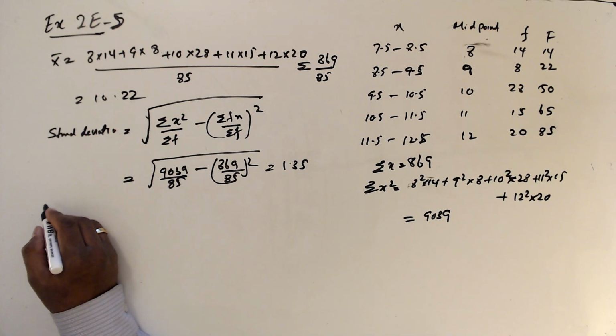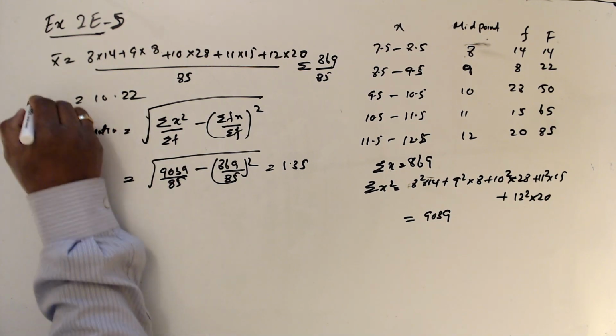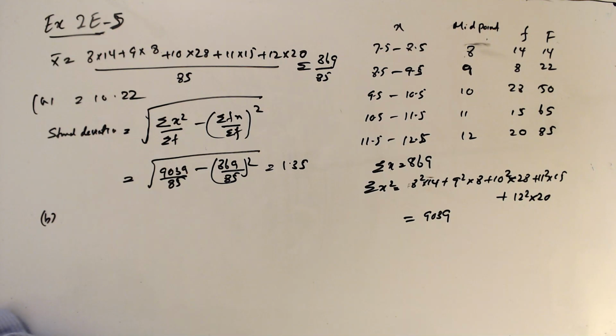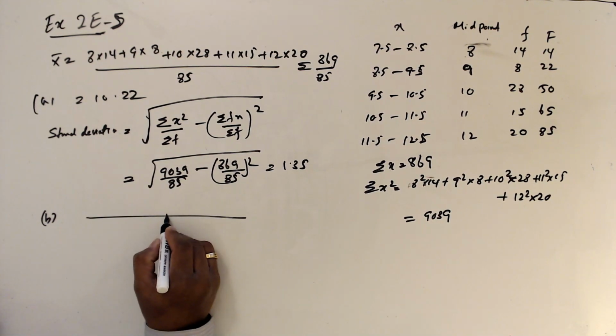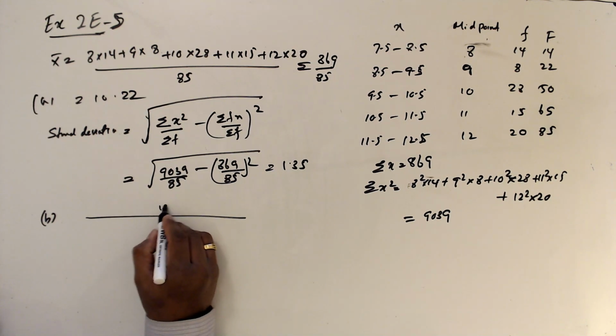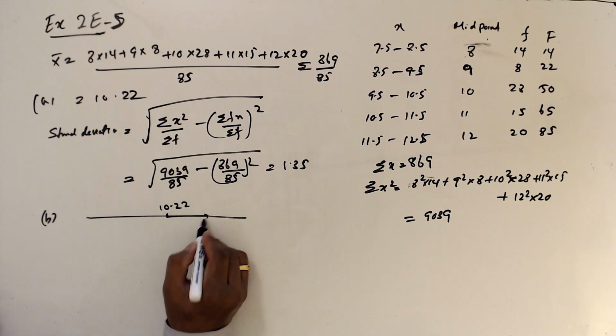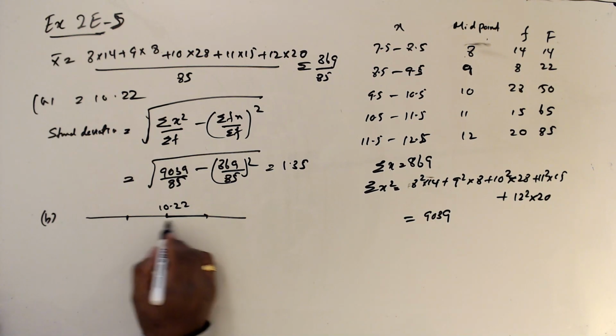Now part B, this is part A. How many students receive an amount of pocket money more than one standard deviation above the mean? It means when we get the mean 10.22, sigma can be above or below. So we need above the mean.